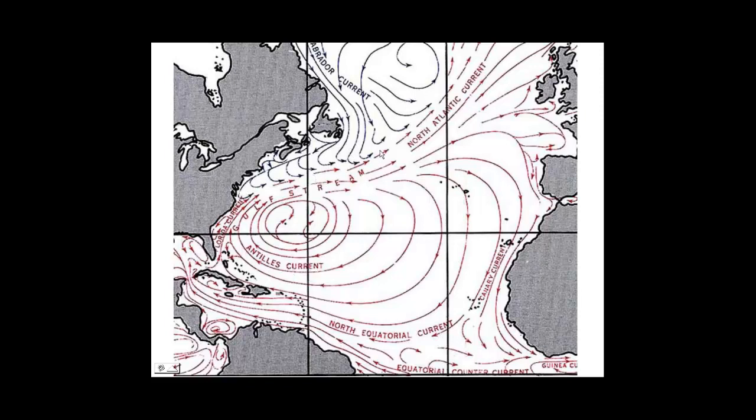And part of this major ocean gyre are all these smaller currents that we refer to. Here is the Gulf Stream current, the Antilles current, Canary current, North Atlantic current.